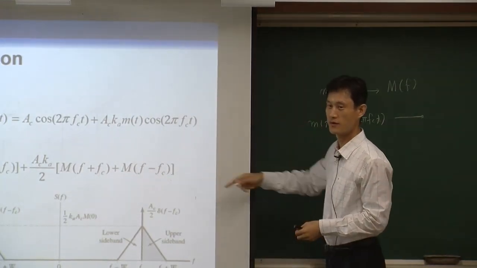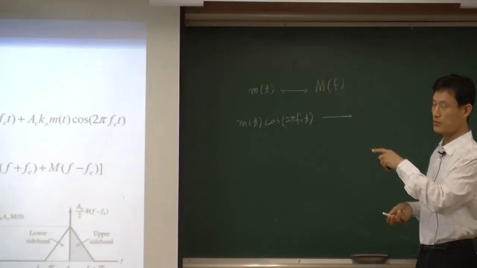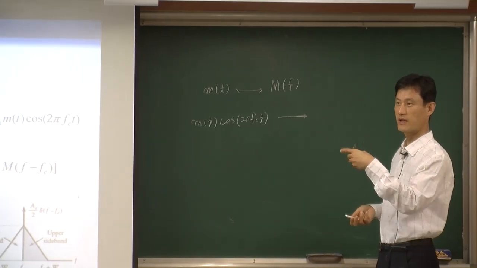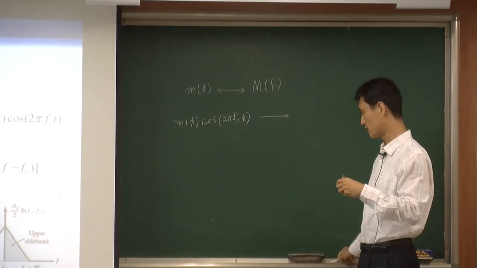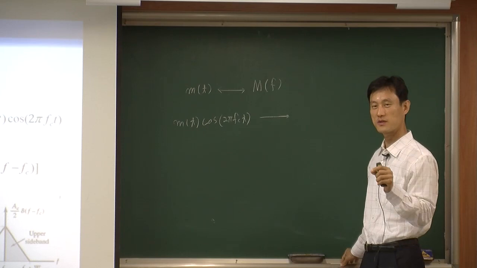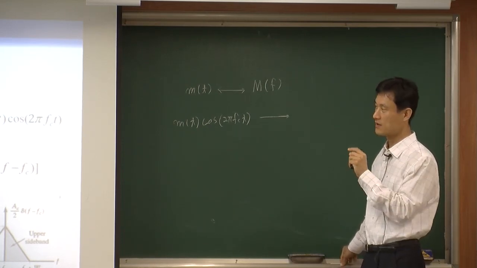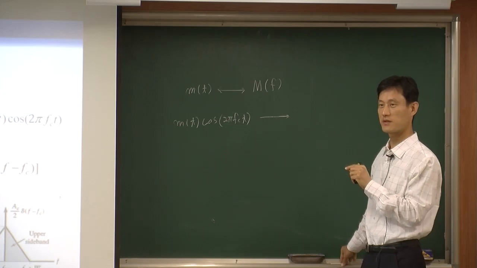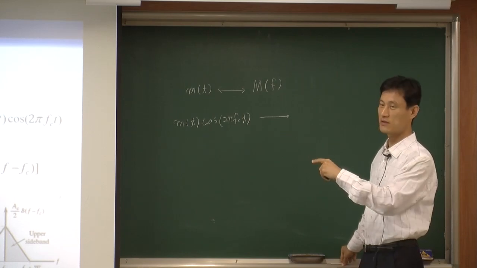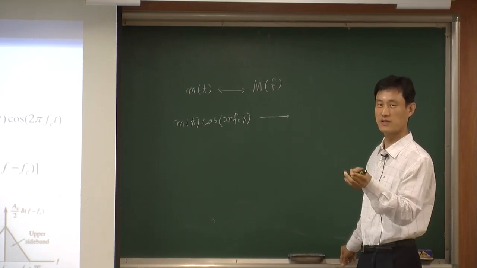How do you know? That's what we did last week, right? Remember that we discussed many Fourier transform properties. This is the modulation property, property 12 or something like that. So that's why we reviewed all these things last week.